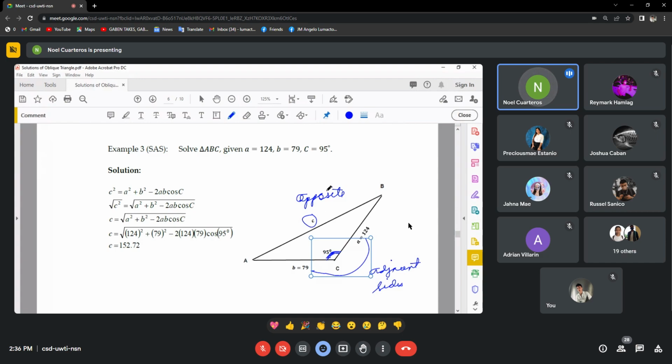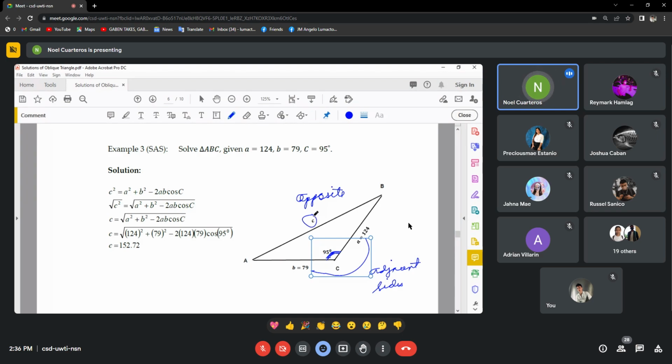So take note, in the solutions of oblique triangles we have no hypotenuse. All we have are the adjacent sides and the opposite side.